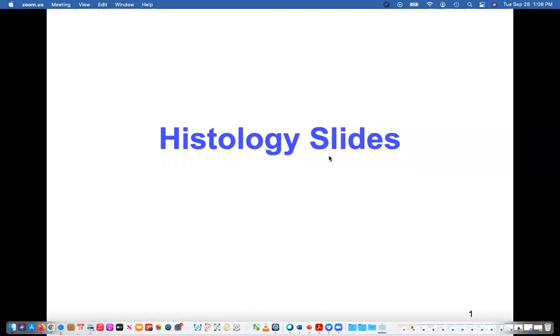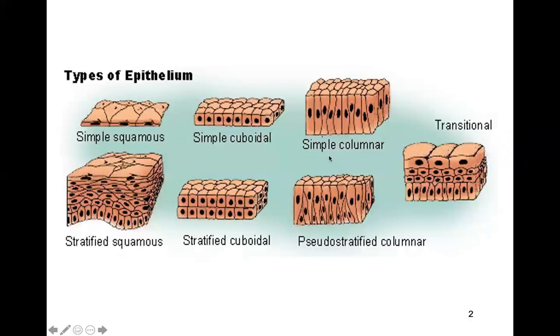In this presentation, we will cover a brief review of some of the common histology slides that you should be comfortable with. So to review, let's look at epithelium and remember some basic questions we ask ourselves. Do we see cells closely packed together or are they far apart? If they're close together, it's epithelium. Then the next question is, is it one cell layer or multiple?